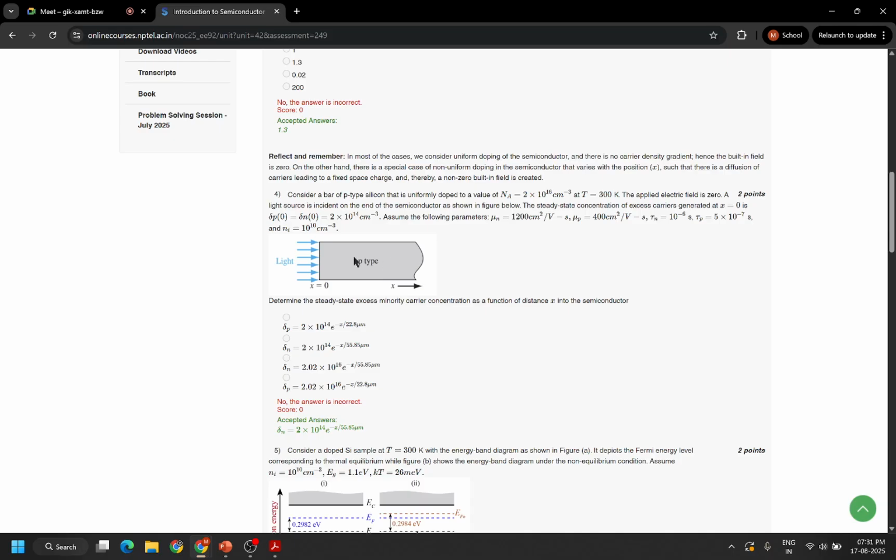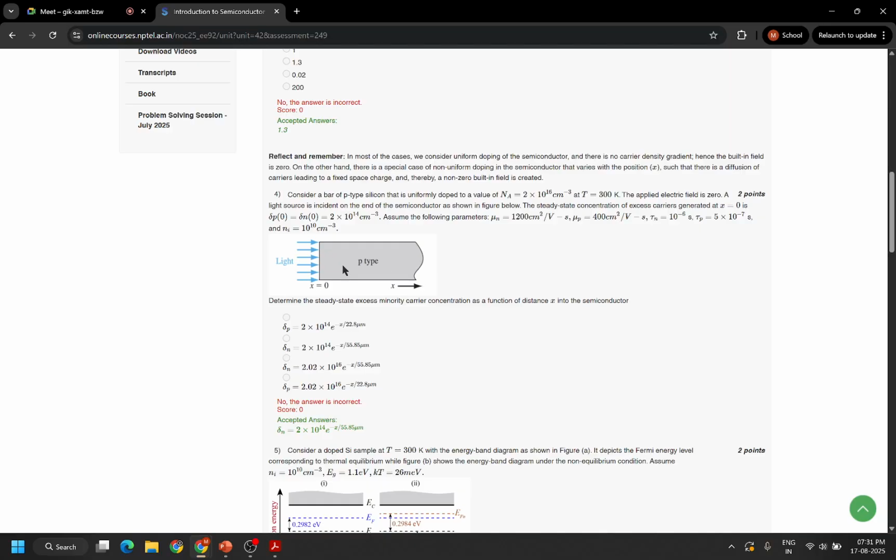In the plus x region there is no gradient of concentration, so diffusion is also 0. Generation is also 0, and there is no applied electric field, so drift is also 0 in the plus x region. So only the recombination term is remaining.